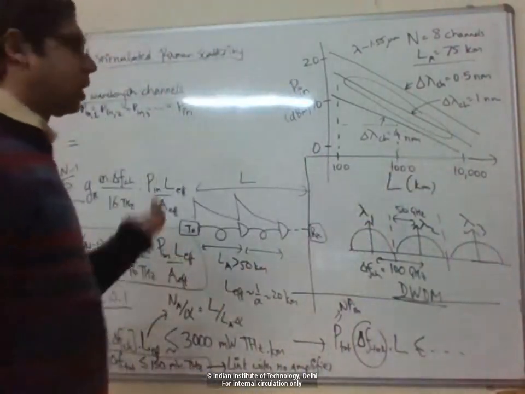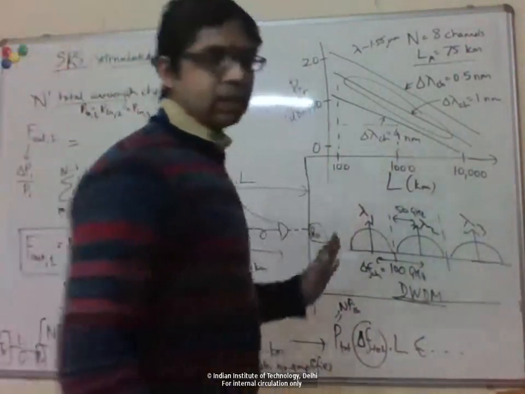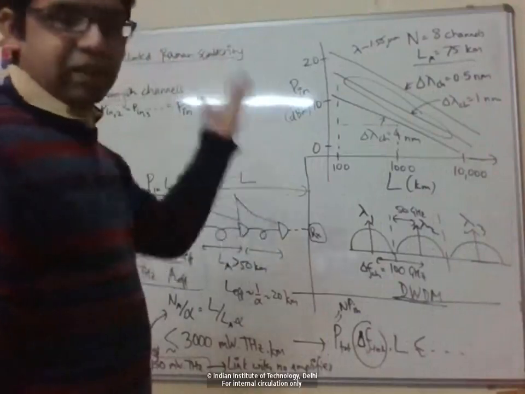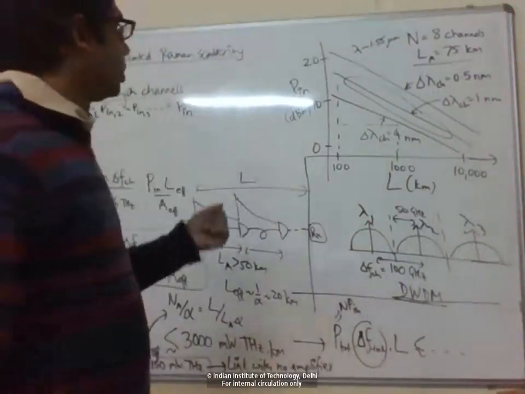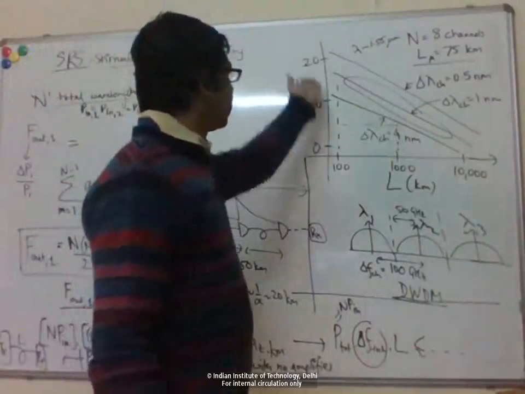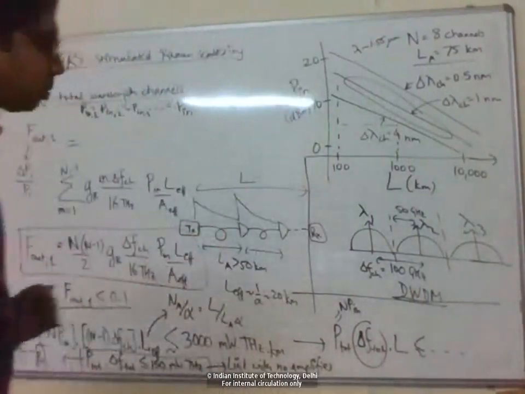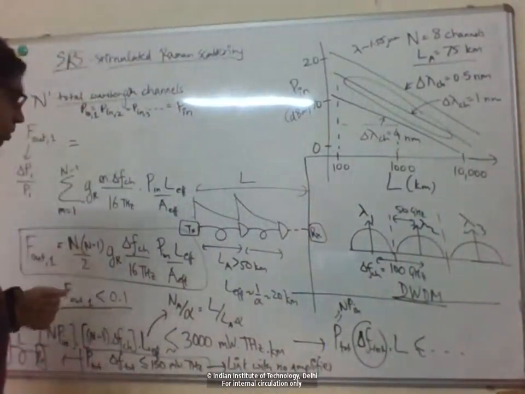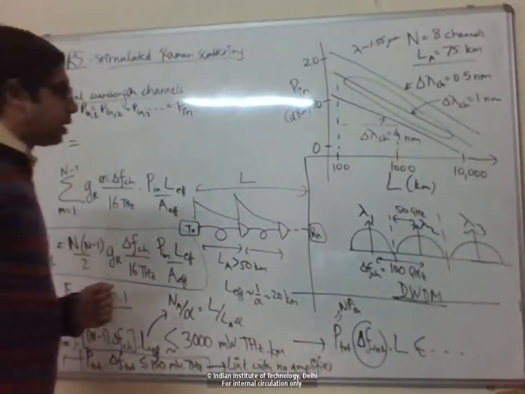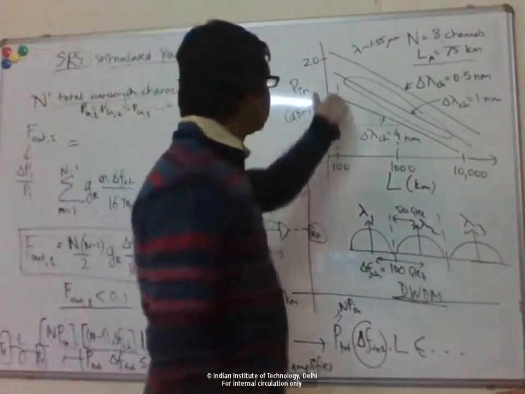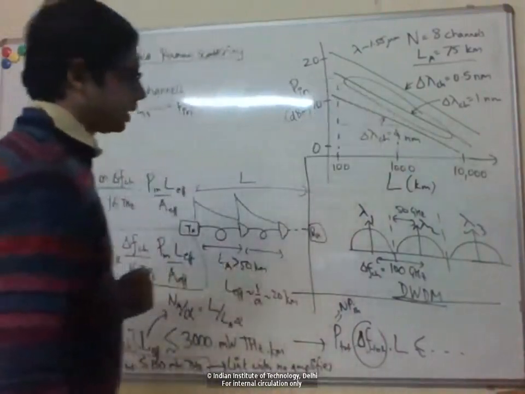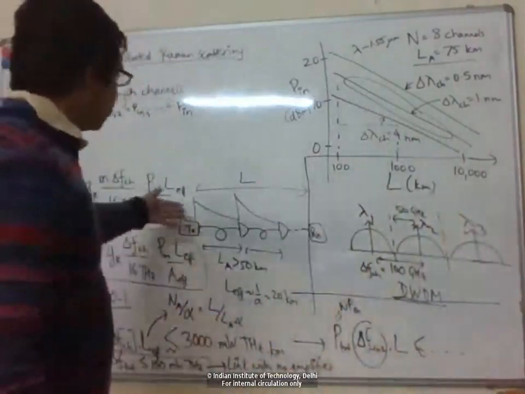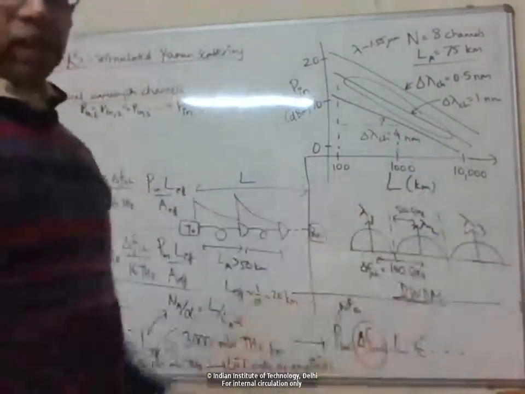We saw that if we just had one channel, the effect is negligible if our powers are much below 500 milliwatts, and typically we are operating in the tens of milliwatts. But once you have multiple channels, we have this restriction. And all these channels are propagating from the transmitter to the receiver. They're co-propagating.